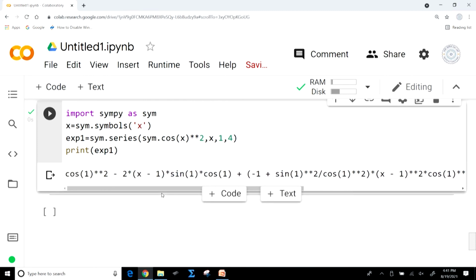Okay. So, in this way we have seen that if you want to find the derivative of a single variable function or multivariable function, if you want to integrate, whether it is a definite or indefinite integral, or a double integral with fixed limits, you can simply compute it using the Python SymPy library. Moreover, if you want to find the limit of a function or a series expansion, you can do that also.